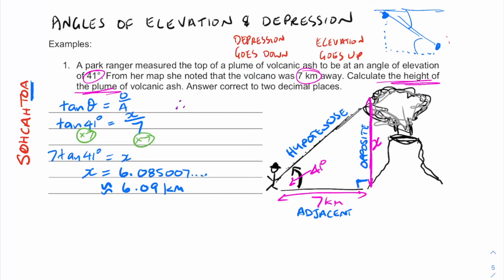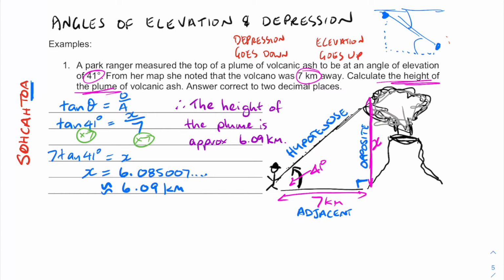And so therefore, the height of the plume is approximately 6.09 kilometers. That's our first example done.